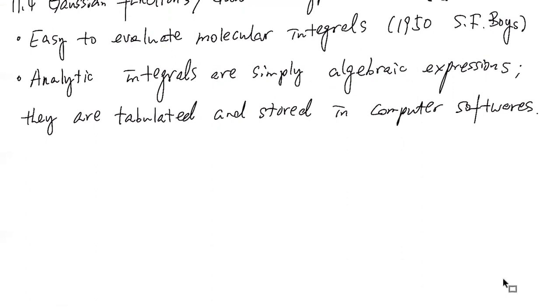So it's really, whenever you need it, you just call this subroutine. Then you have this value, right? So it's quite easy to do. You just insert the particular parameter that you introduced in the basis function. That's it. Then you can very quickly get the result for these integrals.